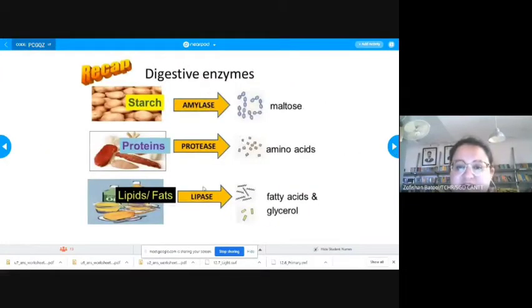So these are the three important digestive enzymes. For starch, amylase helps in breaking it down to smaller structures of sugar.